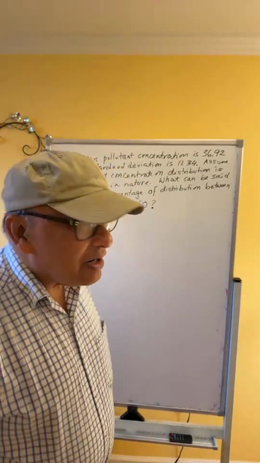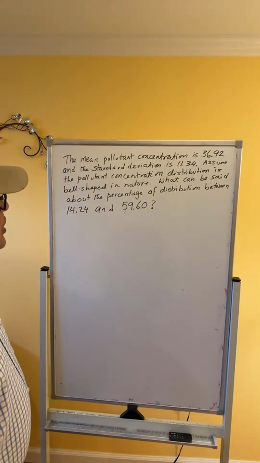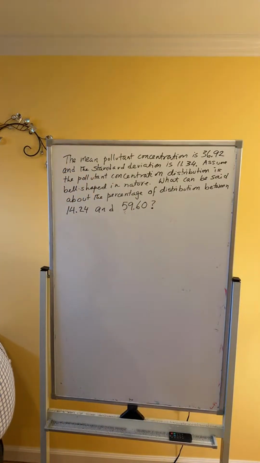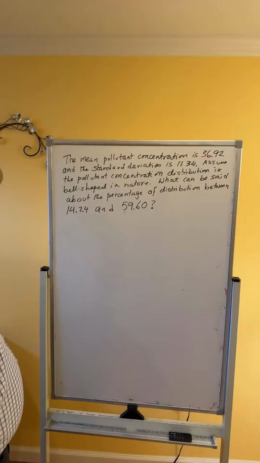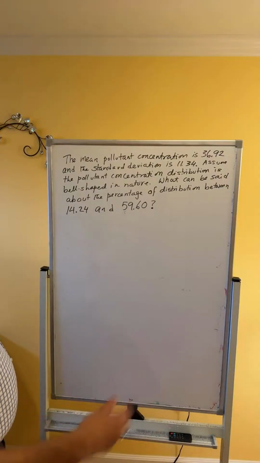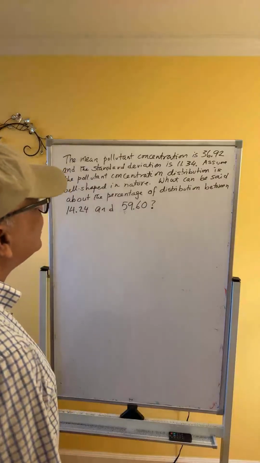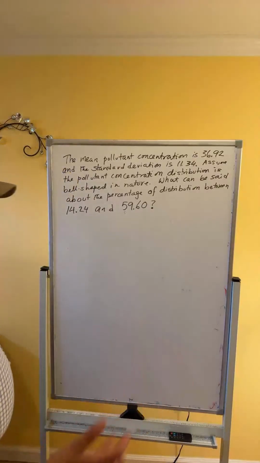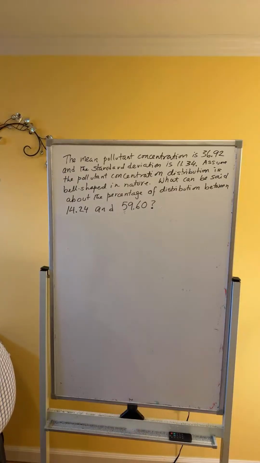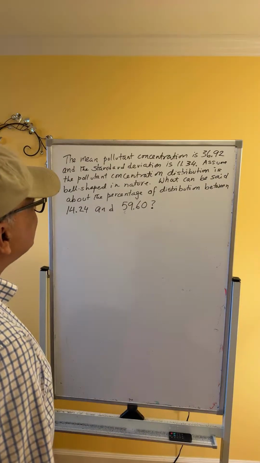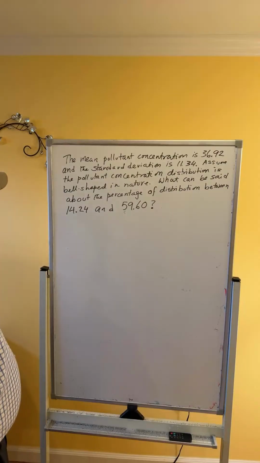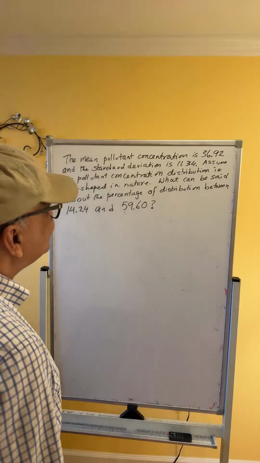So let's get started on this problem. It says the mean pollutant concentration is 36.92, and the standard deviation is 11.34. The units for pollutant concentration are parts per million. Assume the pollutant concentration distribution is bell-shaped in nature.